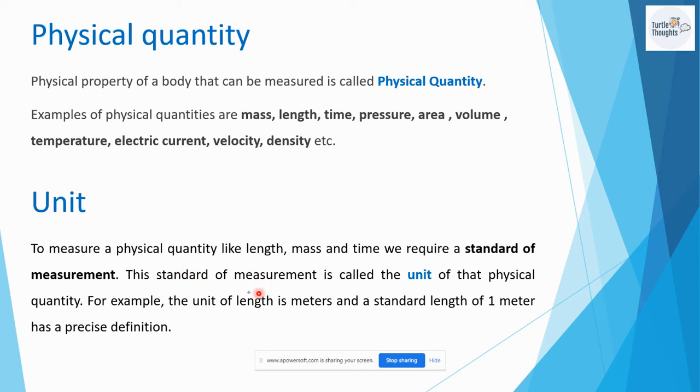For example, one unit of length is the meter, and the standard of length of 1 meter has a precise definition. We know what 1 meter is already, right? Using that, we can measure the length of any object.